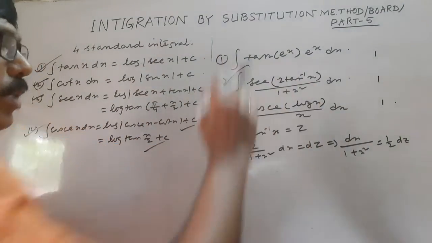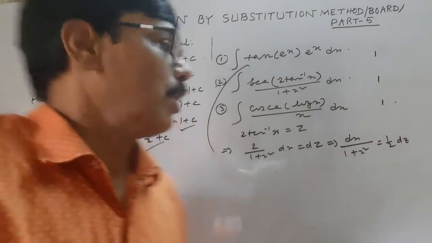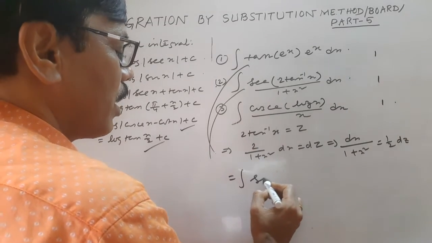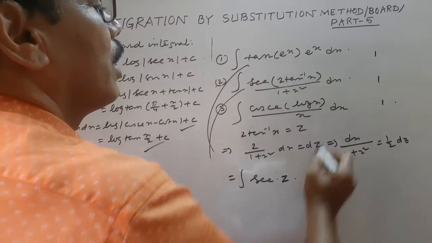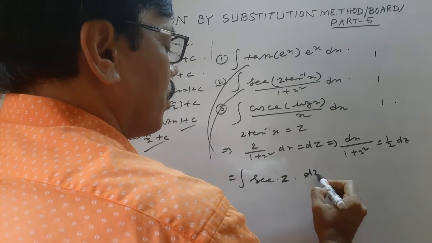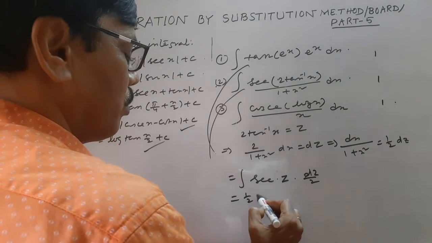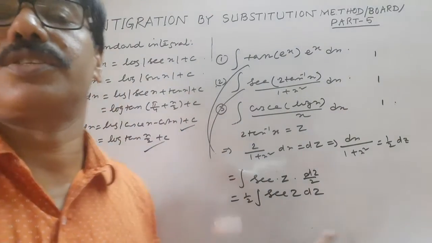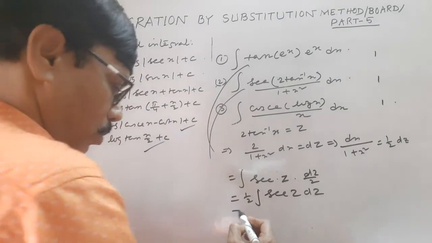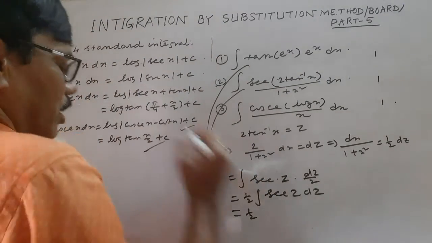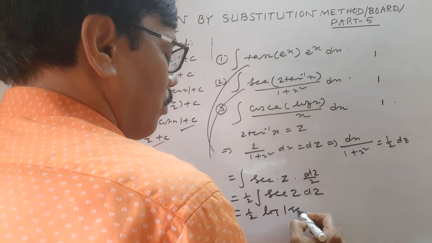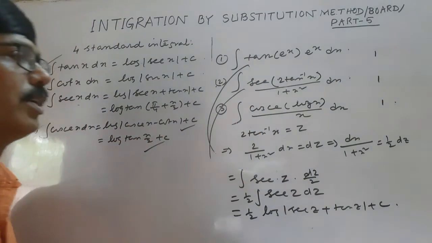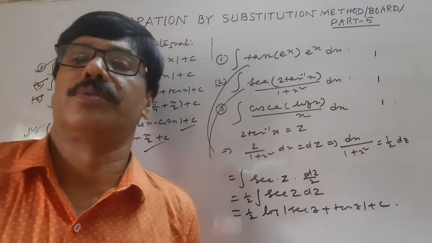Now after this step, sec z, and dx by 1 plus x square is dz by 2. So half of integration sec z dz. Now it is in standard form. So half of sec z, put any one of the formulas, sec z plus tan z plus c, where z equals 2 tan inverse x. You put the value of z.